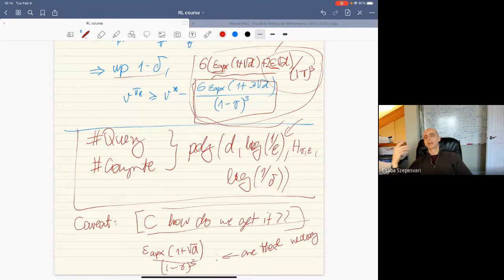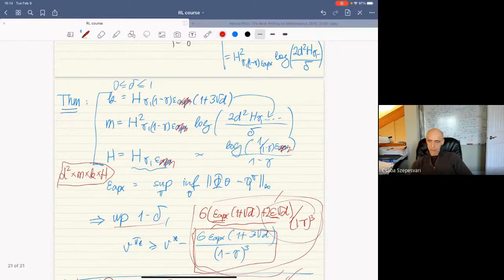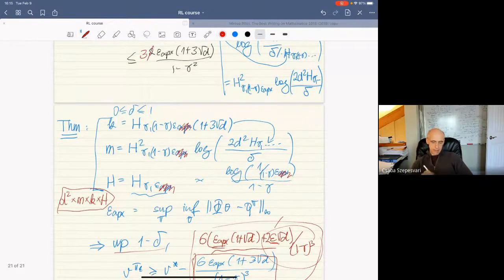So if you knew what the approximation error is and you wanted to set your epsilon based on some time budget that you have, like a set value for how much computation you can do or how much simulation you can do, then you could try to match the epsilon to that.